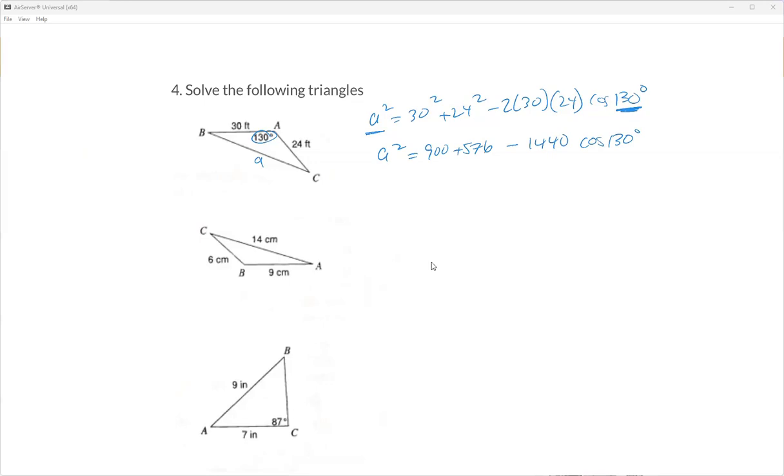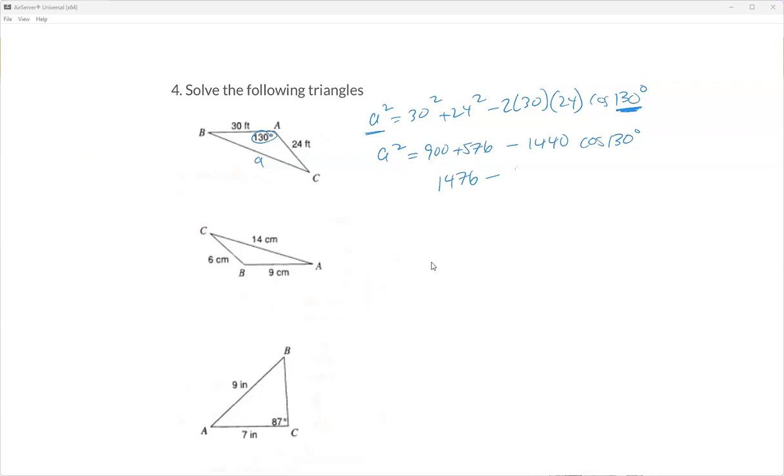Where's my calculator? So what happens here? 900 plus 576 is 1476 minus 1440 cosine 130.